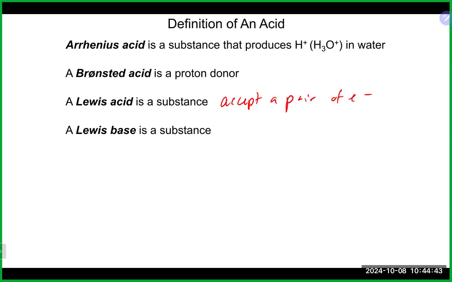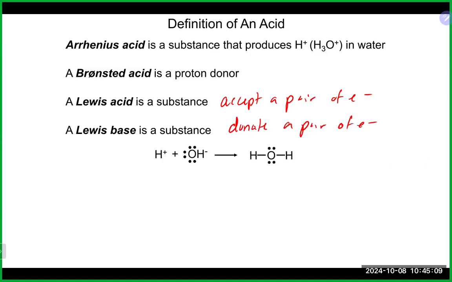A Lewis base is something that will donate a pair of electrons. The Lewis definition of an acid and base is something that we use a lot when we talk about transition metals and complex ions being formed and how things happen.